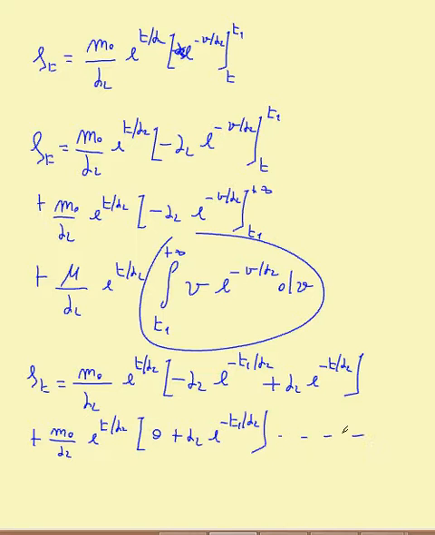Then we have the third part, okay? Plus mu over alpha 2, which we need to compute. Okay, so multiplying by the square brackets, the exchange rate is equal to m0 over alpha 2 multiplying the exponential, alpha 2 and alpha 2 simplify, can you see?